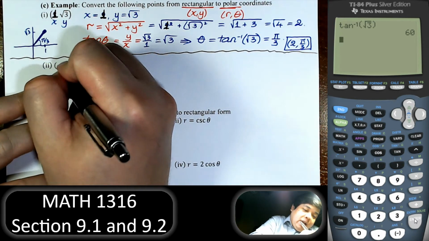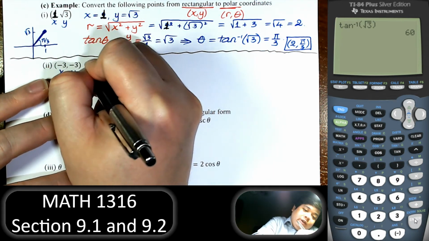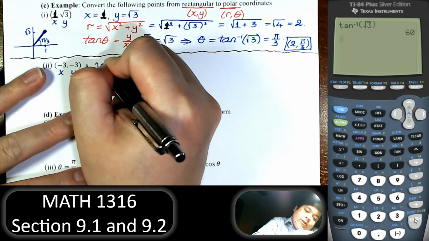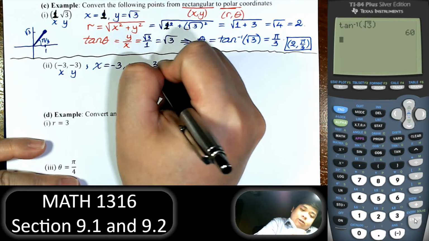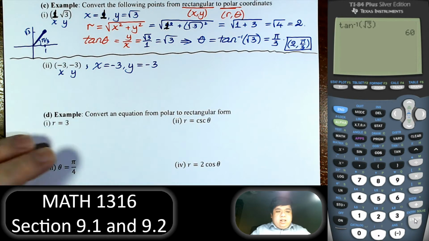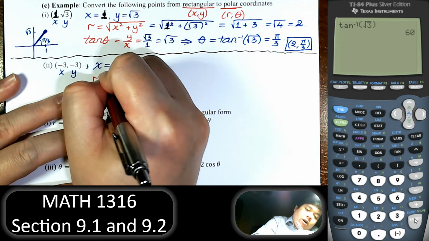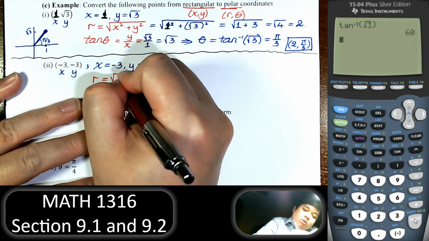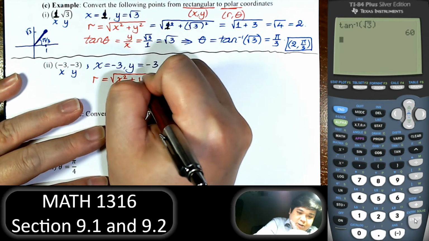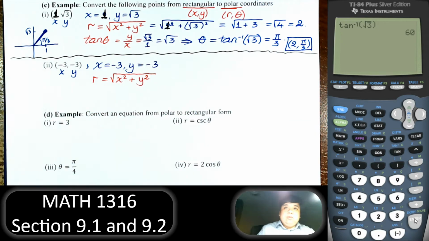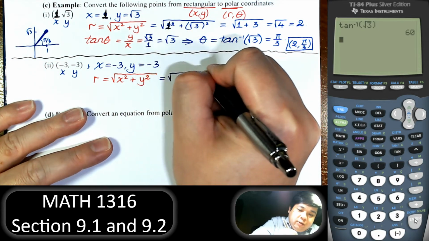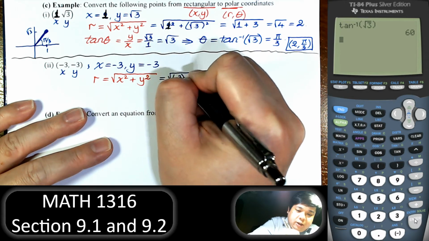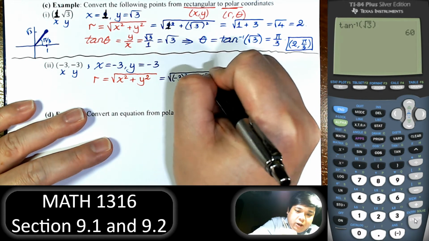Next, I will have x equal to -3 and y equal to -3. Right, still the same. r equal to square root of x squared plus y squared. So we have square root of -3 squared plus -3 squared.